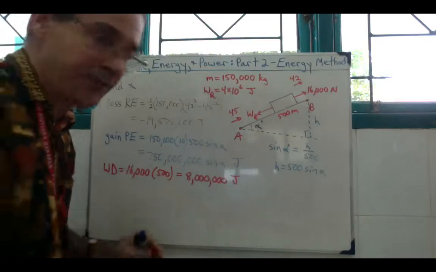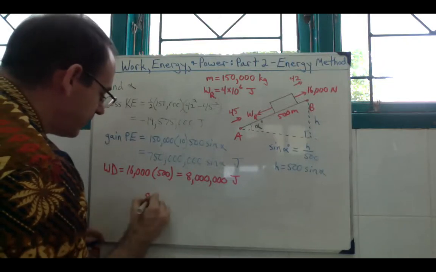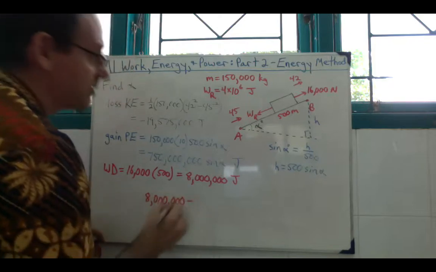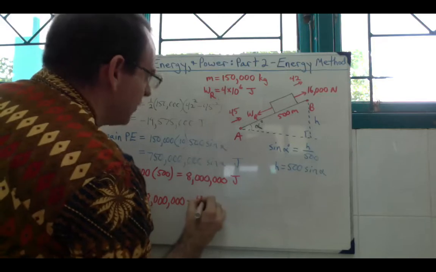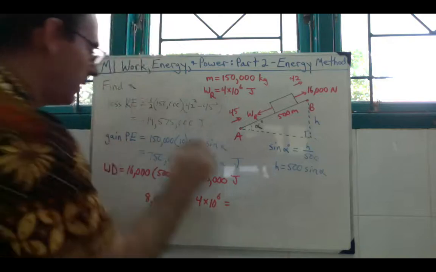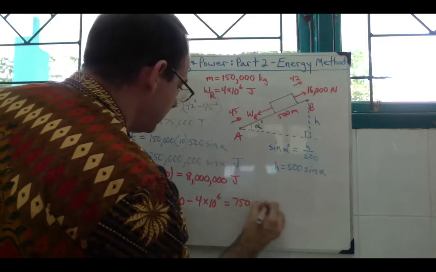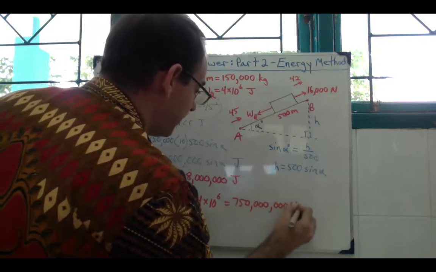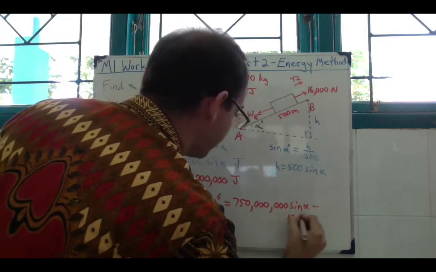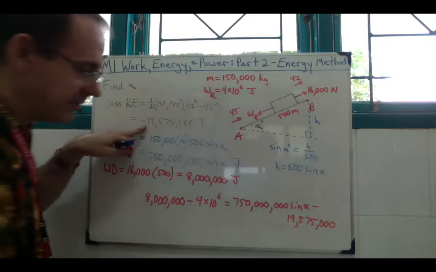So now we're ready to put our formula together. Our work done by the driving force, 8 million, minus the work done against resistance, 4 times 10 to the 6th, equals our gain in potential energy, 750 million sine alpha, minus our 19,575,000 loss in kinetic energy.